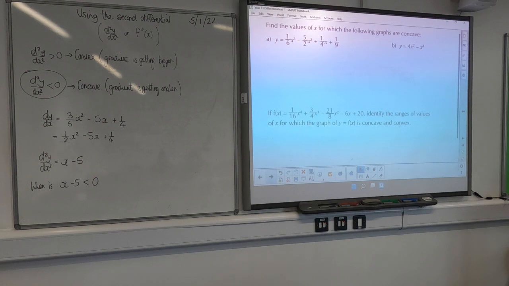These questions aren't asking for the inflections, they're asking when it's concave. So not when does it equal 0, but concave, that's when it's less than 0.